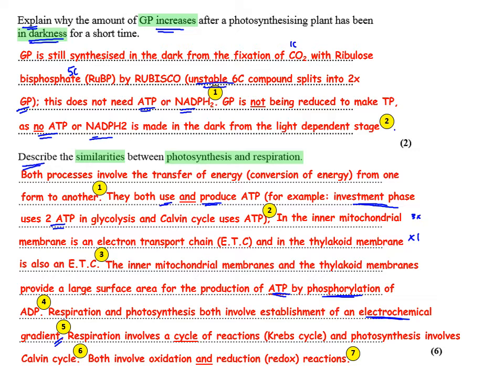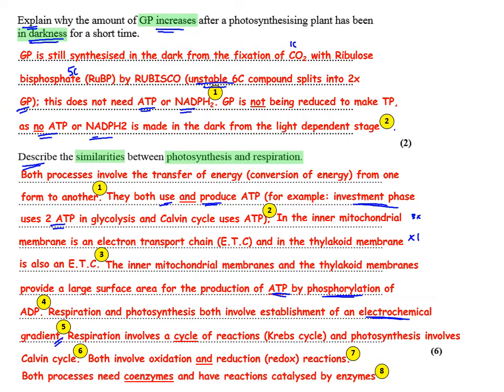If there's 2 hydrogen atoms, then there's 2 electrons. So these coenzymes can become reduced, and we also know that they give off their hydrogen or electrons, so they become oxidized. So both respiration and photosynthesis involve redox reactions, which is oxidation and reduction occurring simultaneously.